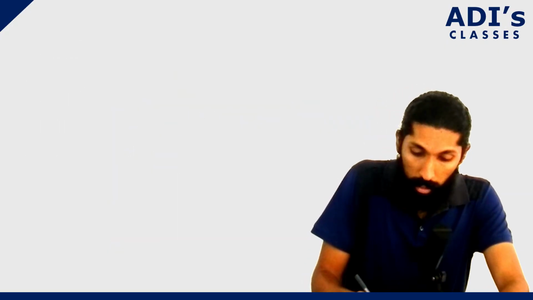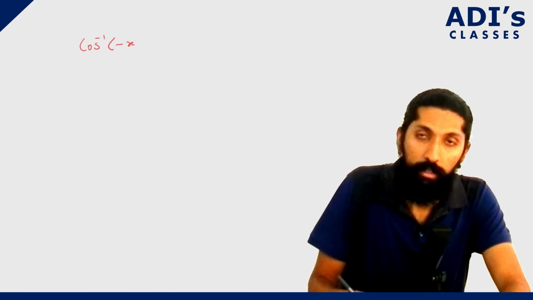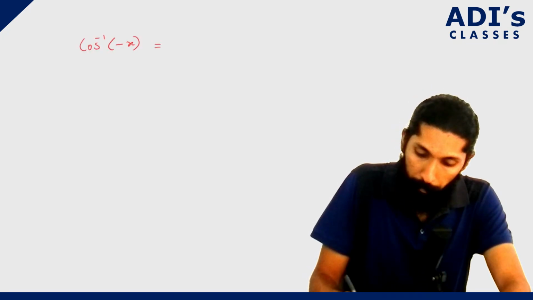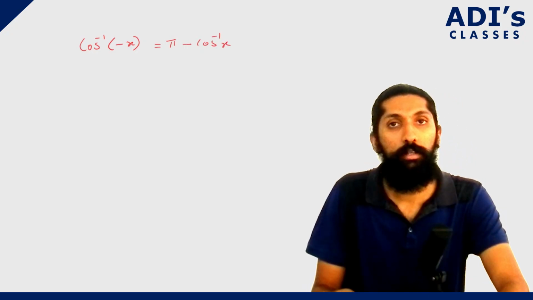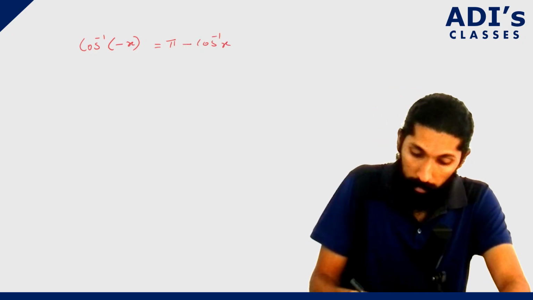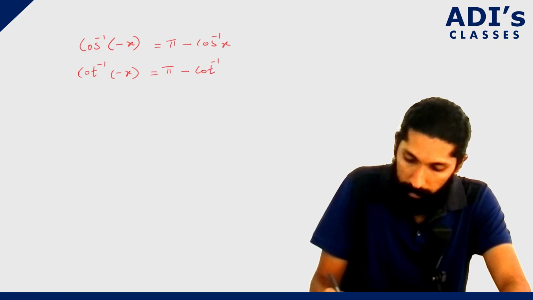If you have cos inverse of minus x, this is going to become pi minus cos inverse of x. Understood? And the same thing goes for cot inverse. If you have cot inverse of minus x, you're going to have pi minus cot inverse of x.